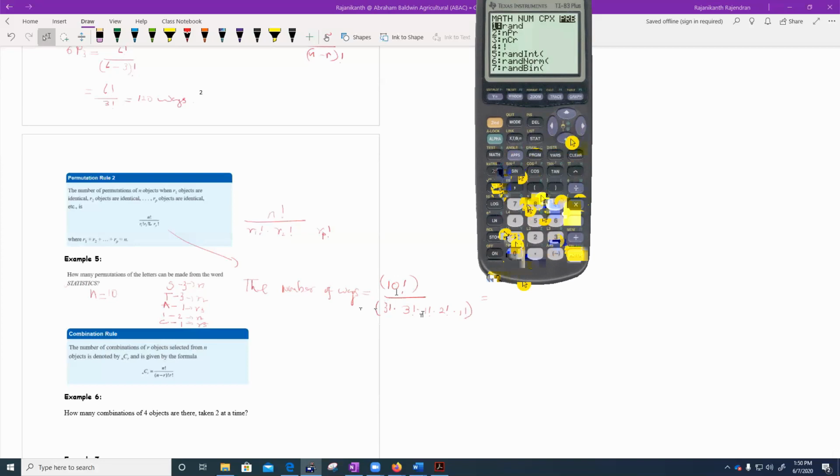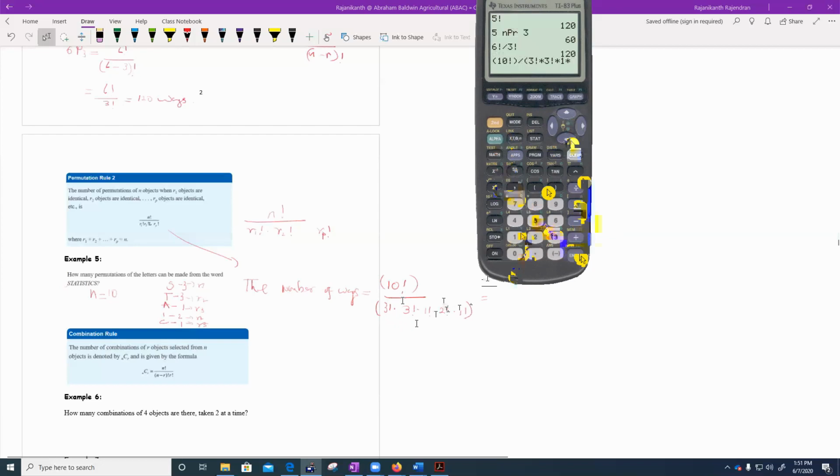Of course, that is 6, but I just want to show you how to type. So 3, then times means multiplication, and the second number again 3. So again I'm typing 3, and again factorial. Then again times 1 factorial, we know that is 1.